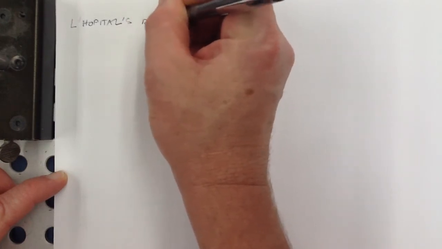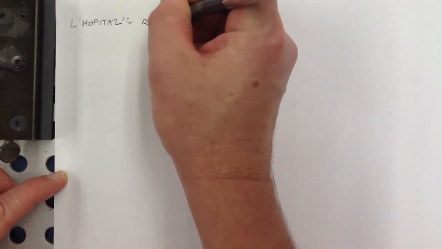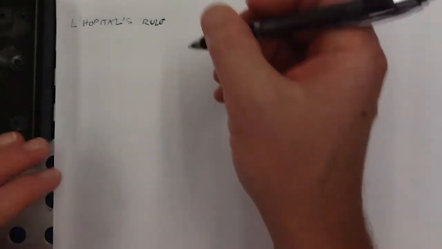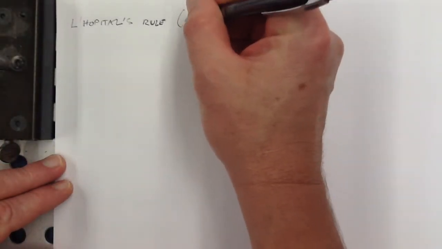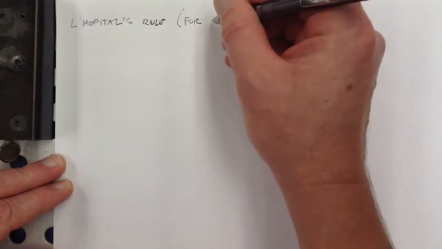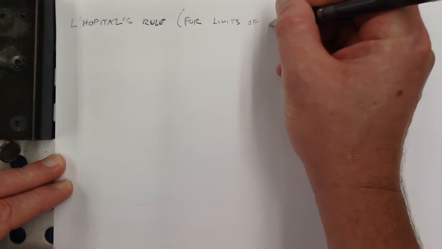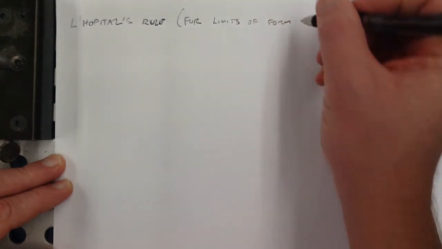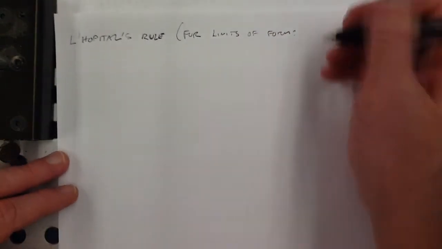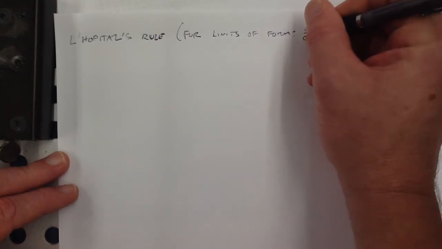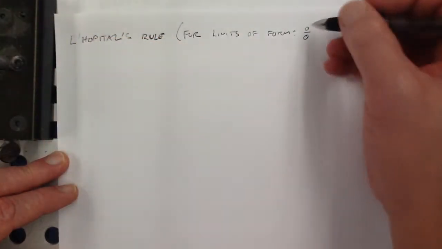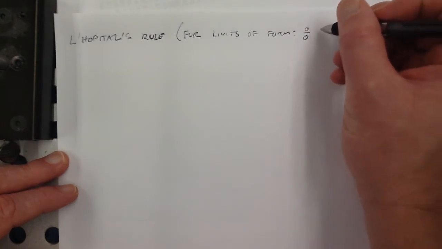So L'Hopital's rule is a way of evaluating limits that start out as indeterminate forms. What does that mean? It means limits of the form where, if you plug in the limit as x approaches whatever, you start out with 0 over 0 or infinity over infinity.